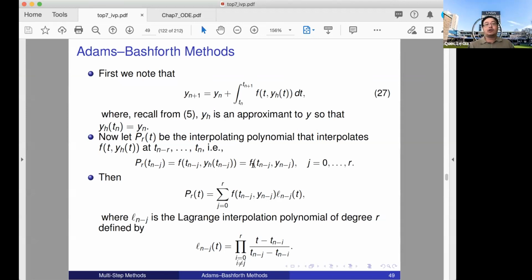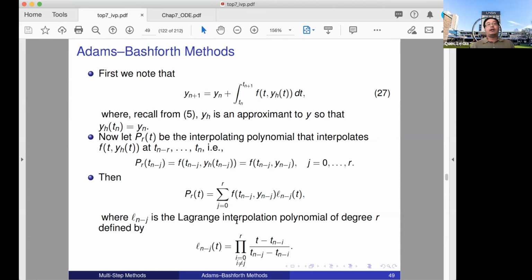This is just a shorthand notation for saying that it's an interpolation polynomial at Tn minus r, up to Tn. Before, we wrote it out at Tn minus 1, up to Tn minus r, so you can just do a for loop. Then the polynomial is just the Lagrange polynomial in this form.